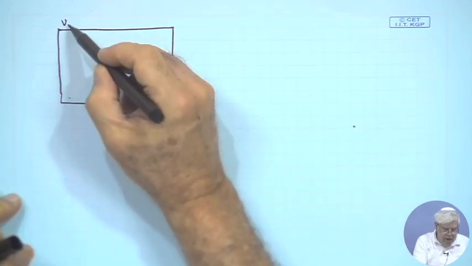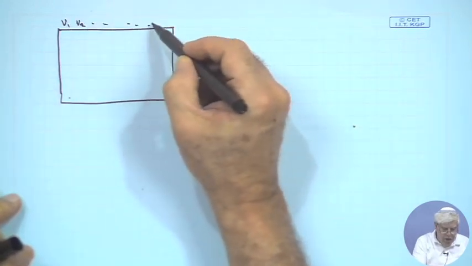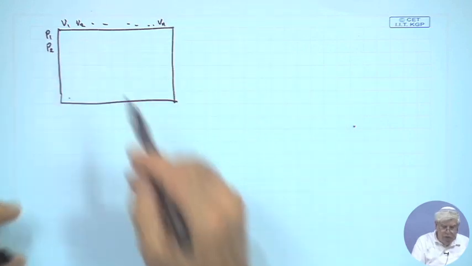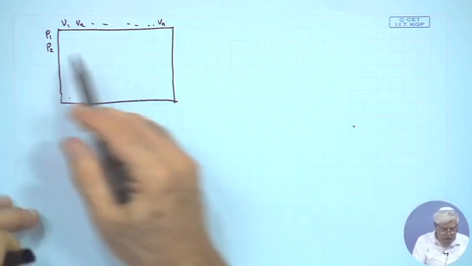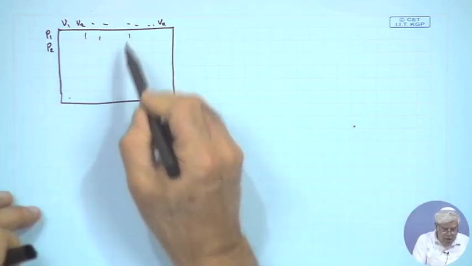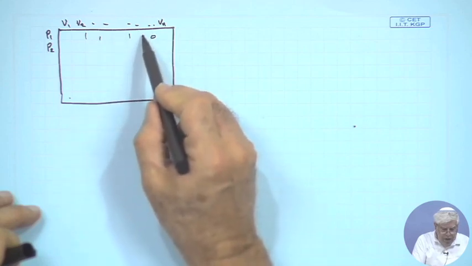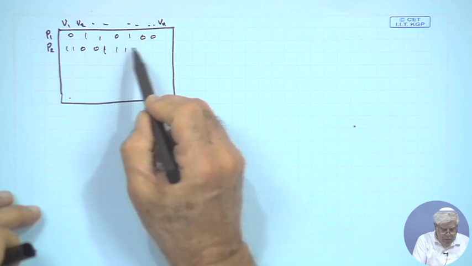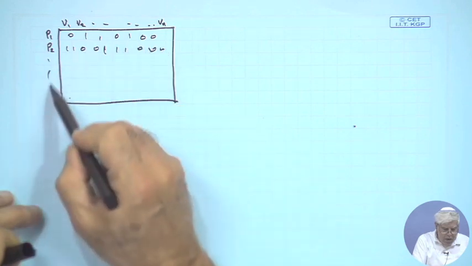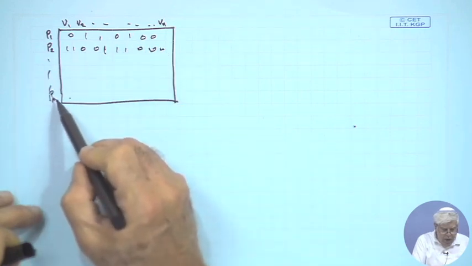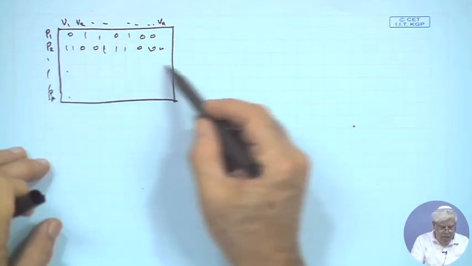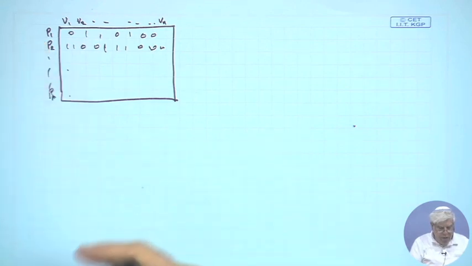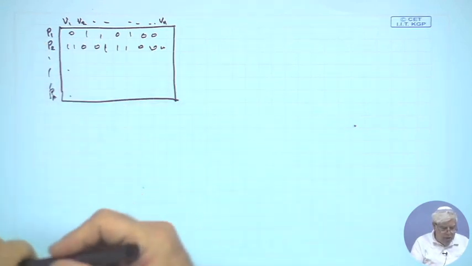I'm going to have my variables v1, v2, up to vn, and I'm going to have prime implicant 1, prime implicant 2. These are just the terms of your DNF. And I'm just going to have 1s when it's in it and 0s when it's not. The usual characteristic vector. Here is my list of prime implicants, and I've just given the characteristic vector for its set of variables. We'll call that P.